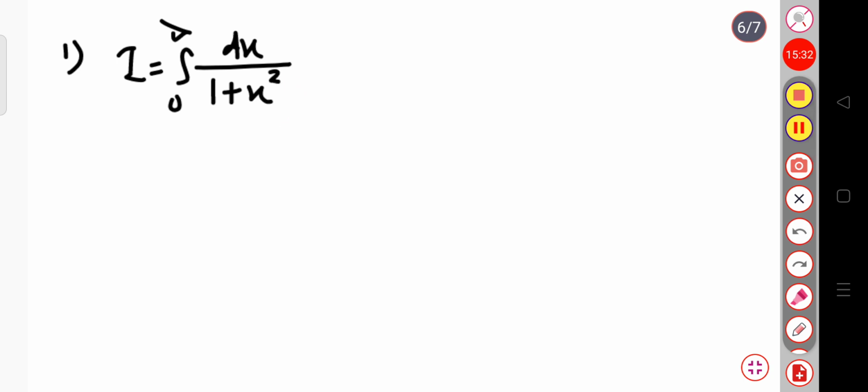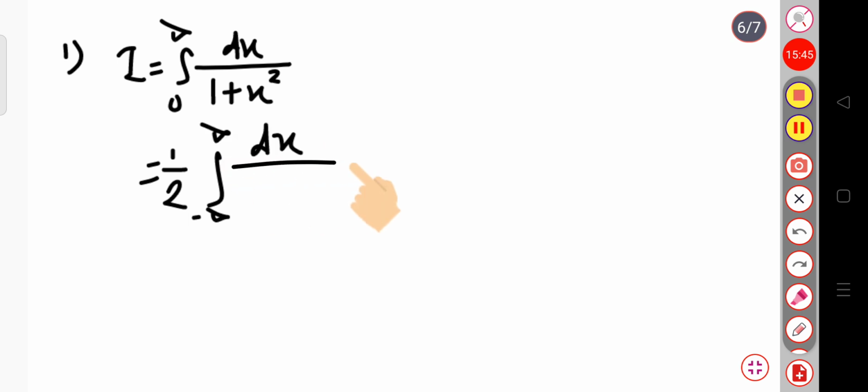If I multiply by 1 by 2 and change the limits from minus infinity to plus infinity, then the value will remain the same. Now you should check the first condition. What is the first condition?